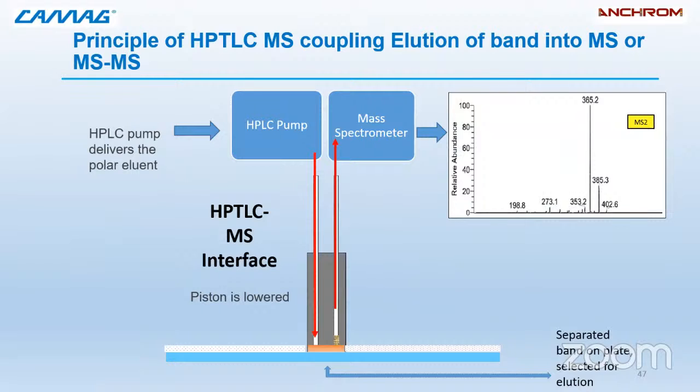You are supposed to wait for 2 to 3 minutes until you observe some signal or some base peak. Once you observe some signal, you are supposed to stop the operation by pulling the lever to the back position. And most important, only analyte and diluent is sent to the mass analyzer.